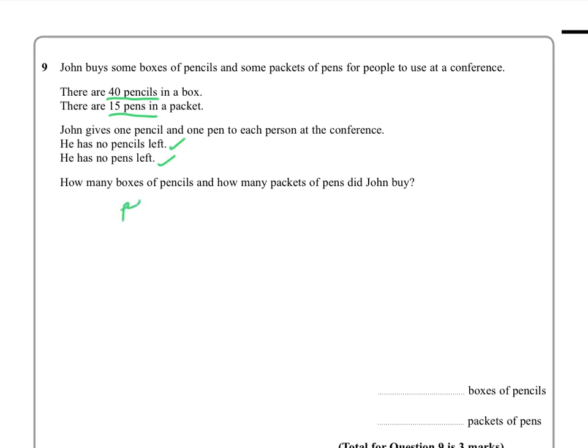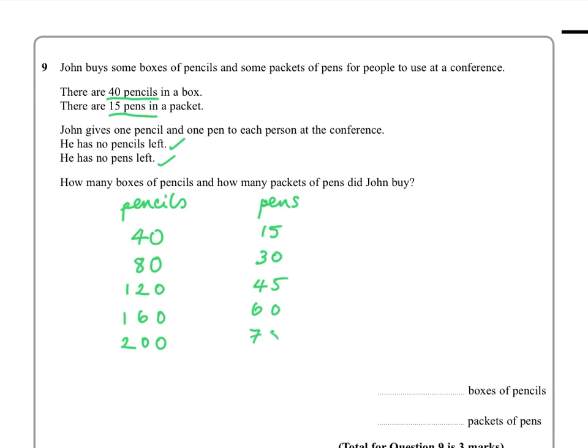If you look at the pencils situation, they come in 40 in a box. So if you just do the 40 times table, just carry that down a little bit, and then do the same for the pens. And there's a reason behind this. So 1 packet, and then 2 packets, and so on. Just keep going. Now, you might wonder, well, how far do I keep going?